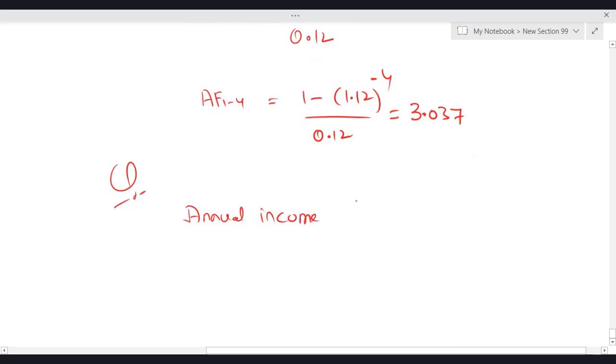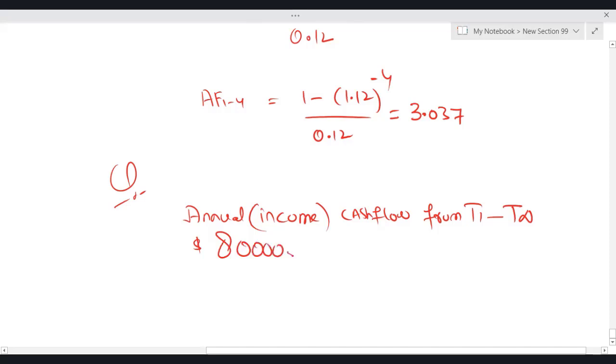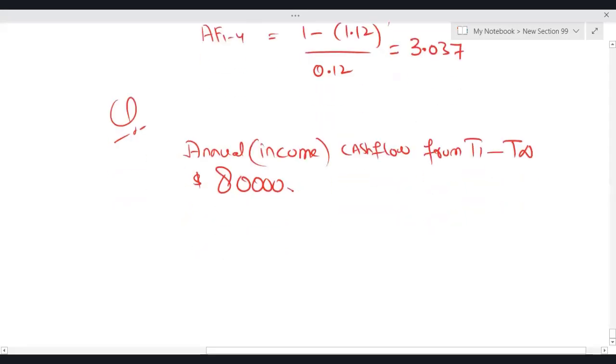Let's assume the cash flow from T1 till T infinity, the amount is, let's say, 80,000. So simply, the annual cash flow from year 1 till infinity is 80,000.